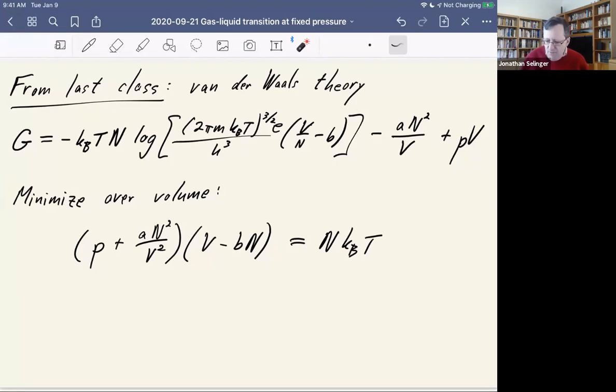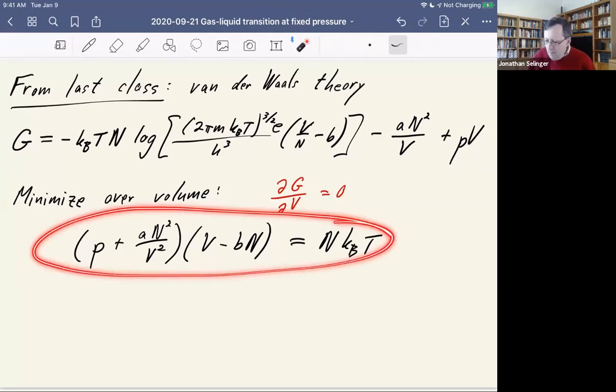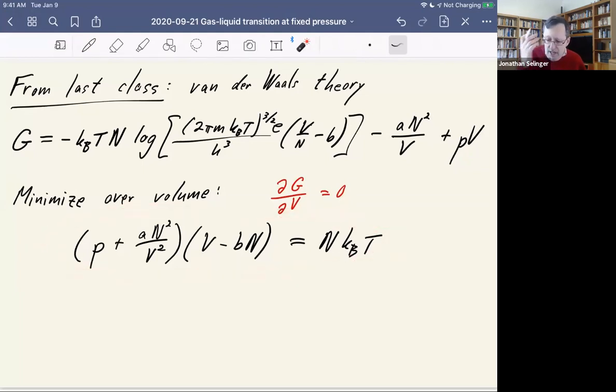So we figured that out by setting the derivative of the Gibbs free energy with respect to volume equals 0. And that gave us this equation right here, which is called the van der Waals equation of state.